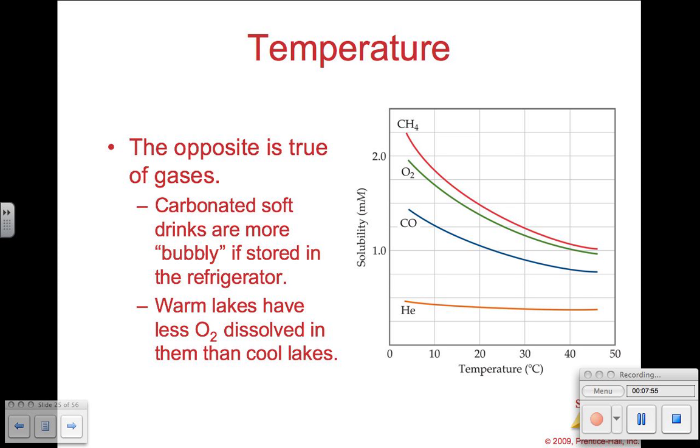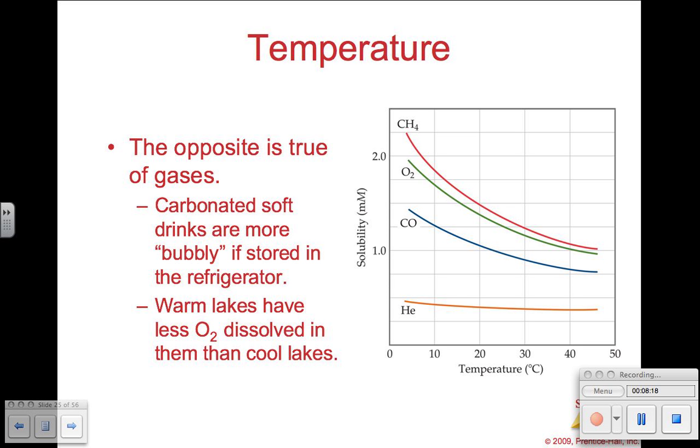Now, how does this also play out? This has a significance when you think of aquatic environments, because oxygen is necessary for life to exist, both on land and in the water. But for organisms that live in the water to get oxygen, the oxygen has to be dissolved in the water.